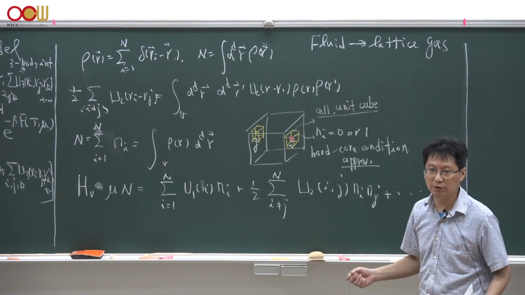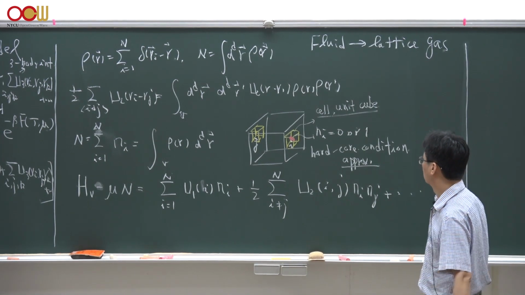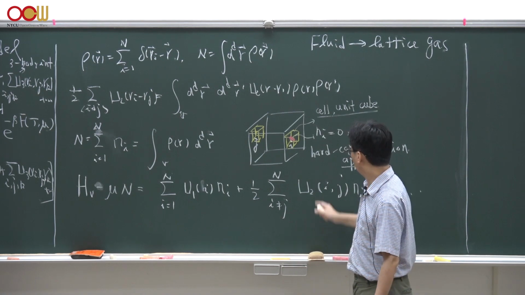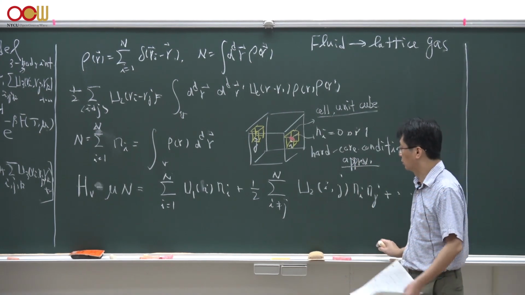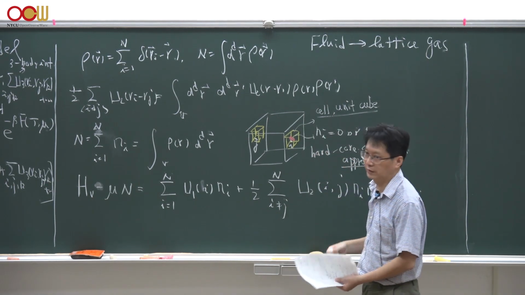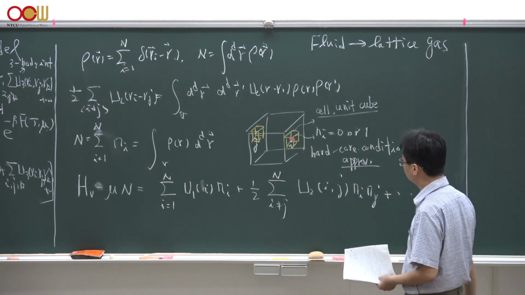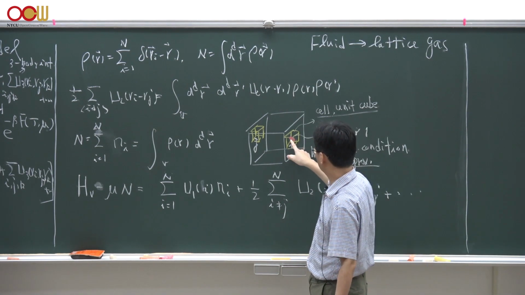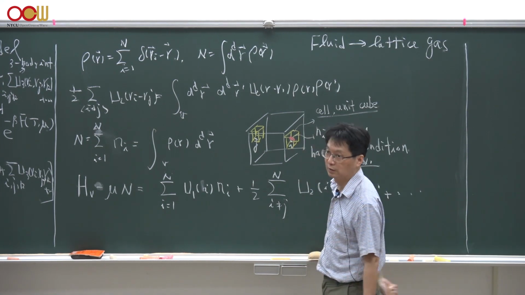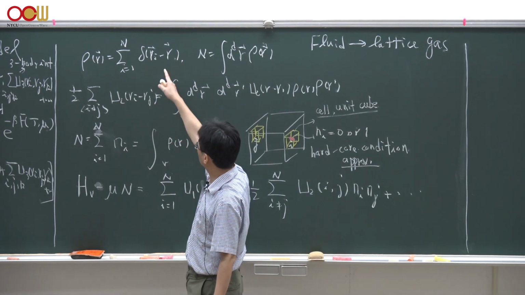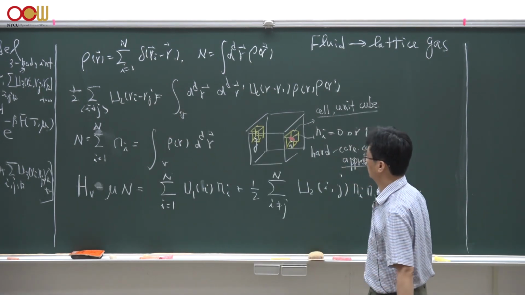But this is a very good approximation, as we'll see later, that more or less the molecules in the fluids satisfy this hardcore condition, so that we could partition the total volume of the fluid into equipartitioned unit cells. And within each unit cell, you could populate either 0 particles or 1 particle at most. And then we could rewrite this potential term in terms of the density of the particle, rho.